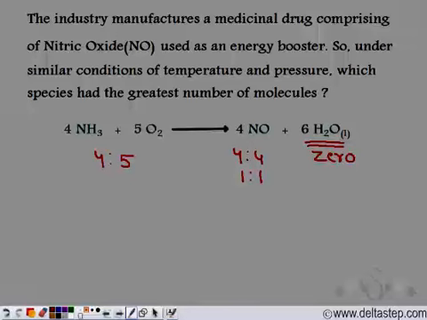In this case, we observe 4 volumes of ammonia, 5 volumes of oxygen, and 4 volumes of nitric oxide. This means that ammonia and nitric oxide contain the same number of molecules. Since the volume of oxygen is the greatest, oxygen has the greatest number of molecules.